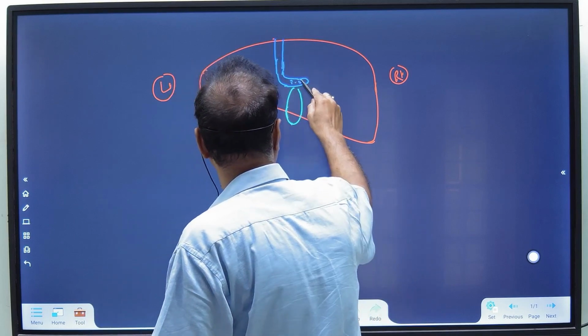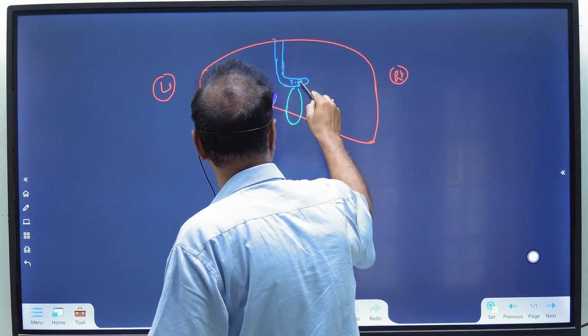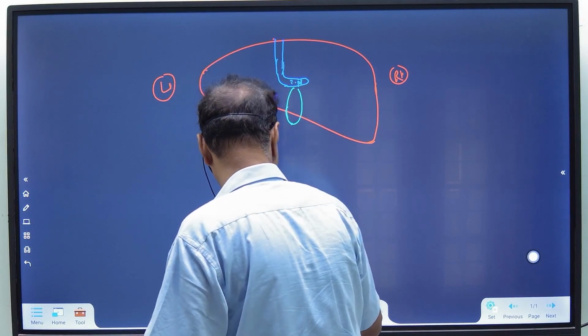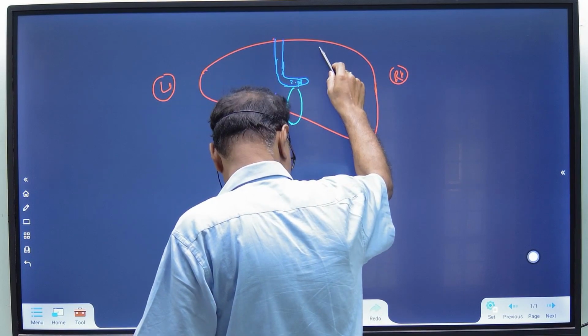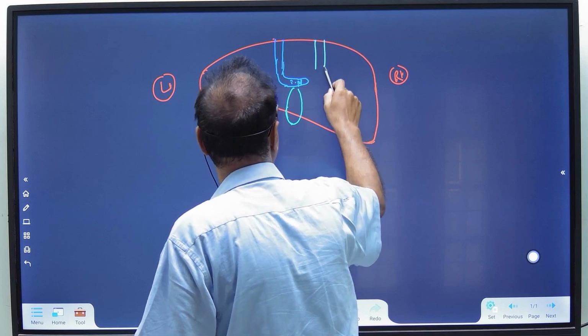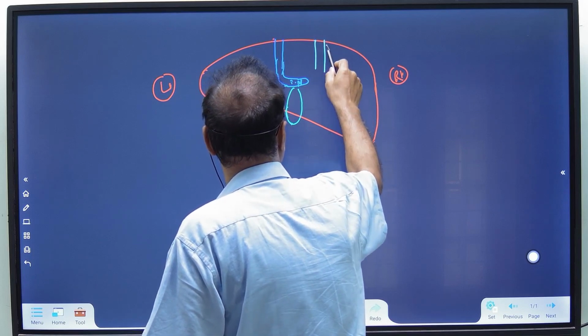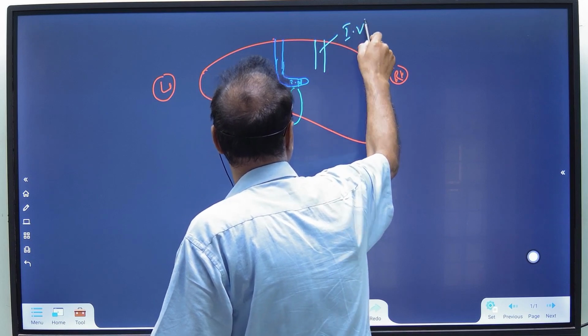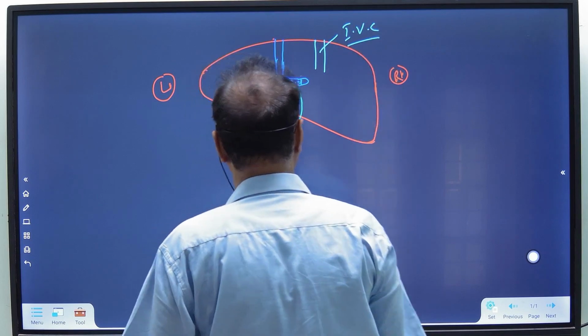And in this diagram, we have got the inferior vena cava over here.